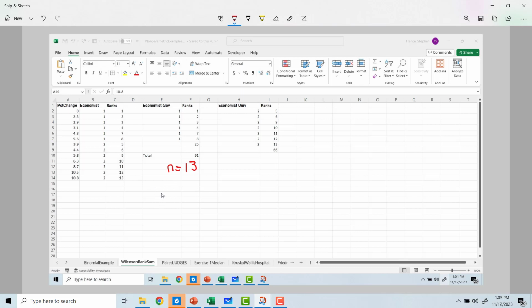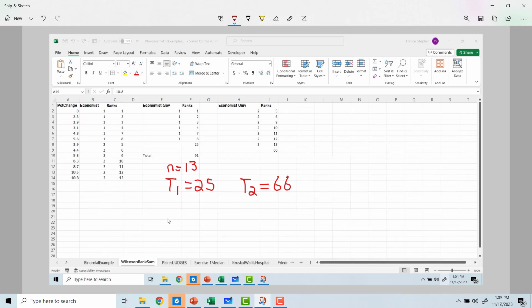Our rank sum T1 is the rank sum for group 1, and T2 is the rank sum for group 2.